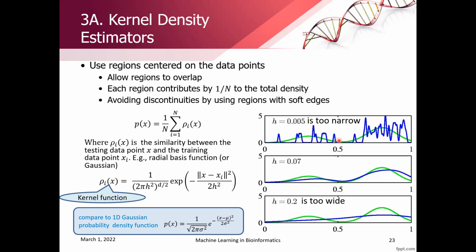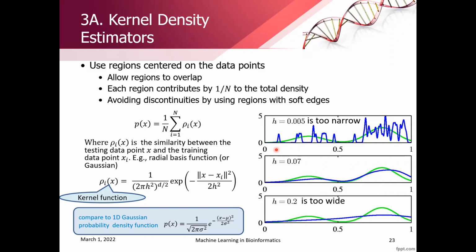On the right hand side, there is an example. If we use a very narrow h, so small h, and we have here observations, then we obtain such an approximation. The approximation is the blue line, where the real distribution is the green one.